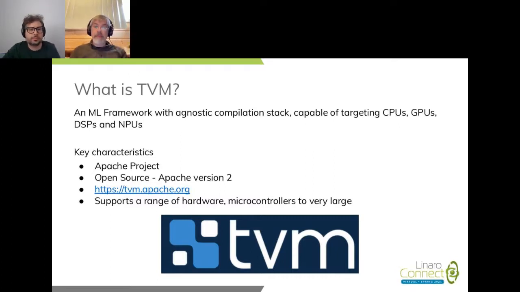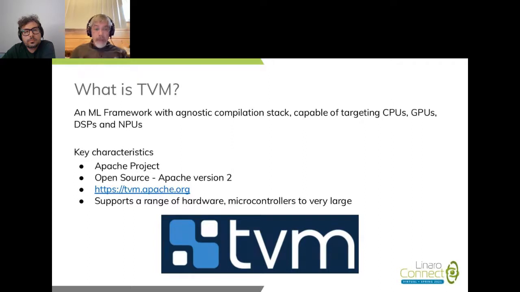Some of the key things that's really important about the project is it's an Apache project, which means it has all of the Apache style process around it, including governance, most importantly. It is under an Apache version 2 license, so it is open source by one of the strictest definitions. You can go to tvm.apache.org, which will bring up a number of informational pages about the project, everything from documentation to how to get the source code to the yearly conference that we have.